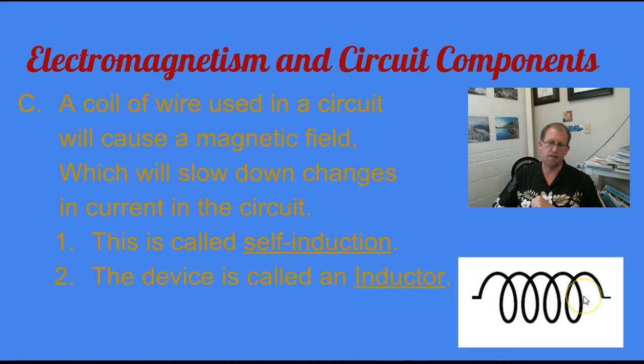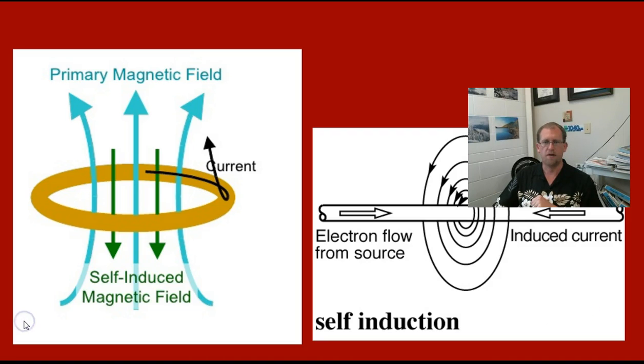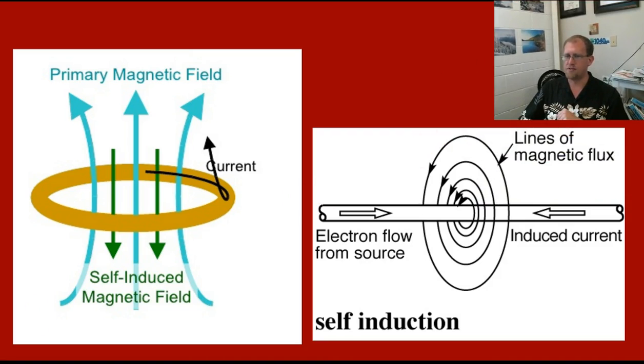And this is the symbol in a diagram. It's just a coil. Let me show you some allied images here. There you go. So in this coil of wire, we pass a major magnetic field through it, and the magnetic field causes a current to happen. And we do something with that electrical current. But that current in itself creates a resisting magnetic field, which creates a counteracting current in the same ring.